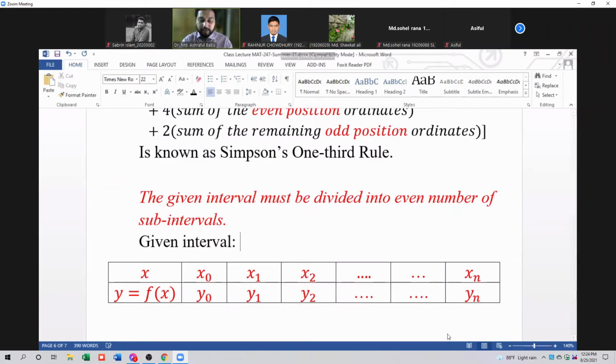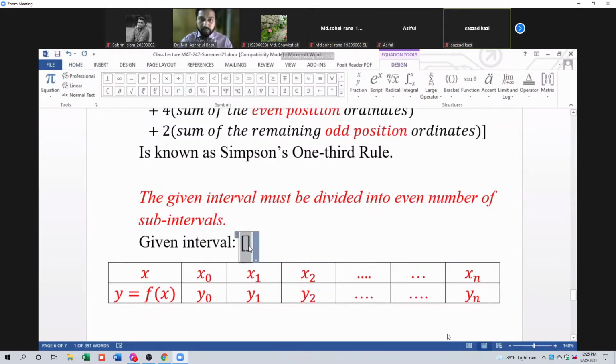The given interval is like this one, x naught to xn. This is our given interval, and we have to divide this interval into an even number of subintervals.